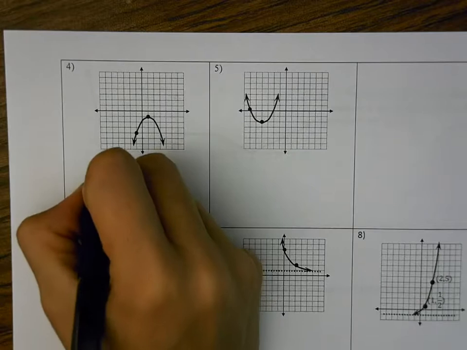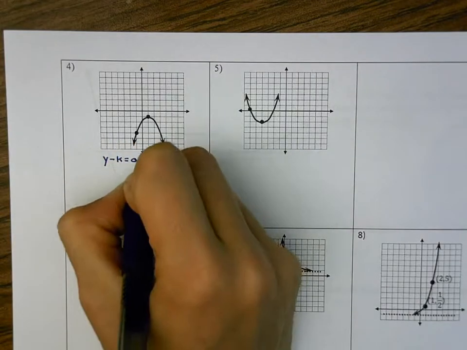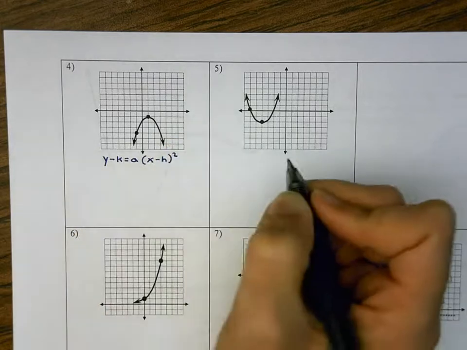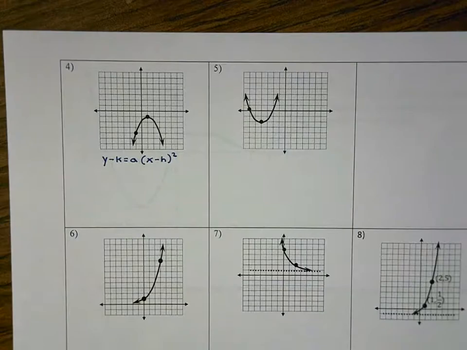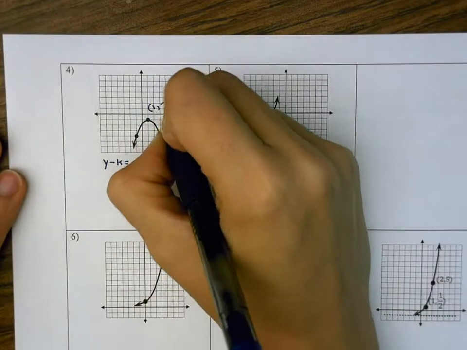We have y minus k equals a times the quantity of x minus h squared. Step 2, what is my hk? HK for a quadratic is the vertex, so in this case, my vertex is 1, negative 1.